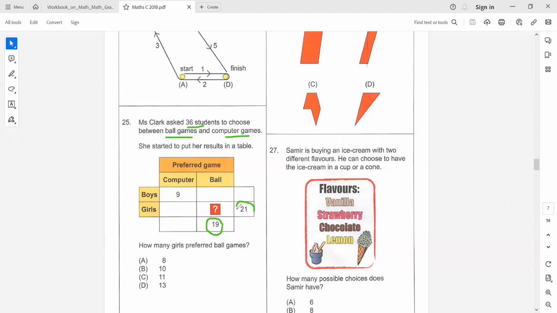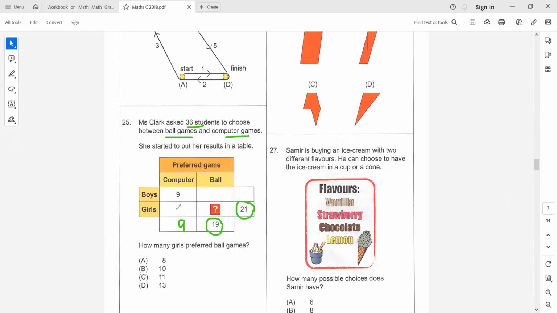Girls are 21. And what would be the girls here? Computer is 9, so here the total will be 9.